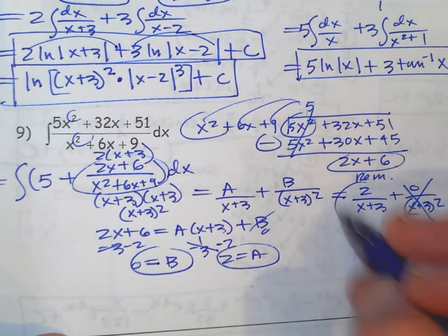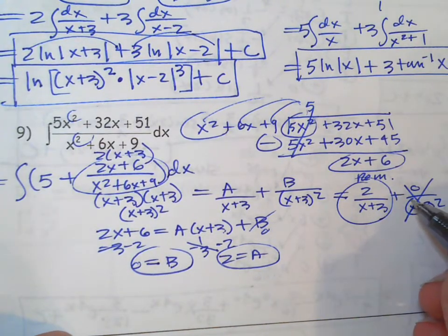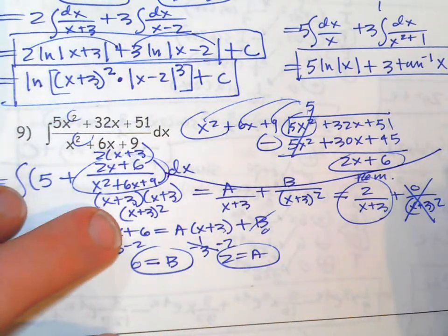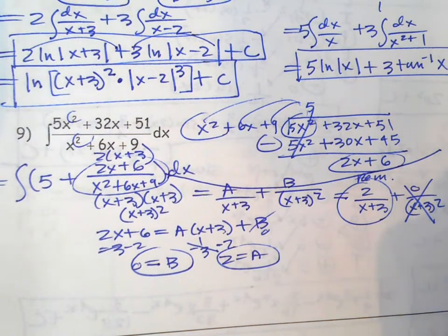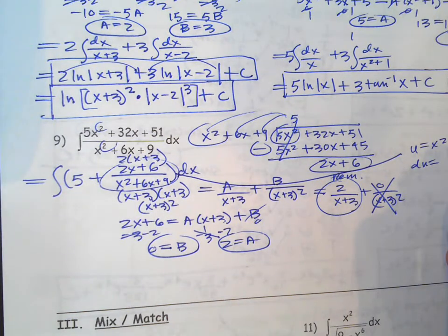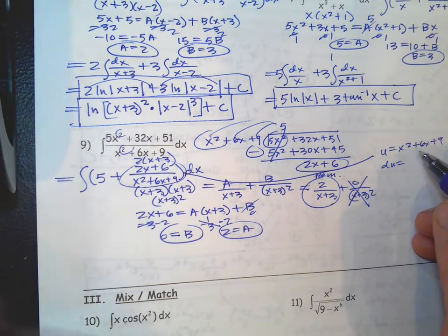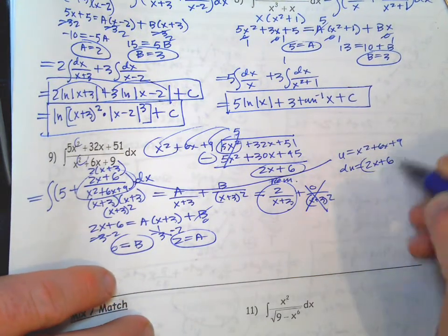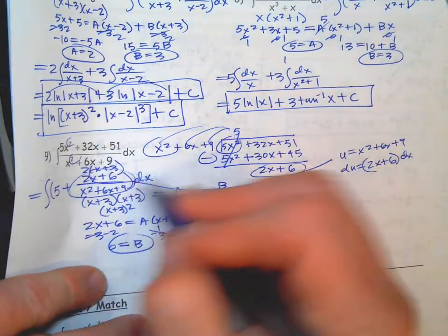Because this is what we have now. Now, if we had done U-substitution on this, we would probably say u equals x squared plus 6x plus 9, du equals 2x plus 6 dx. Oh, that's perfect.